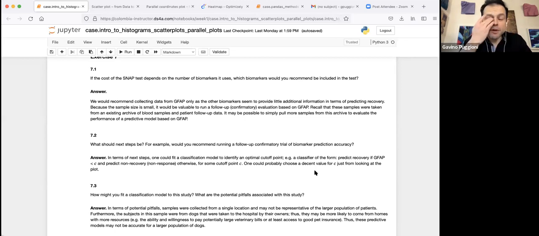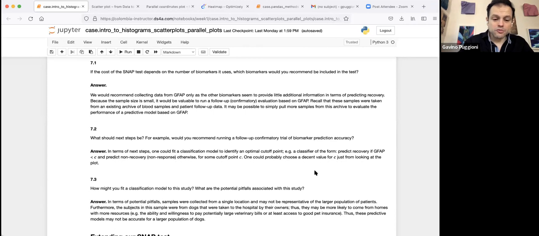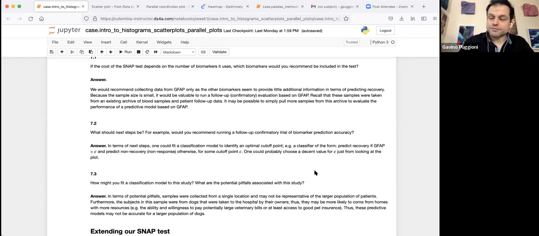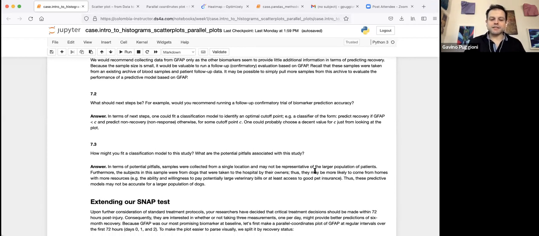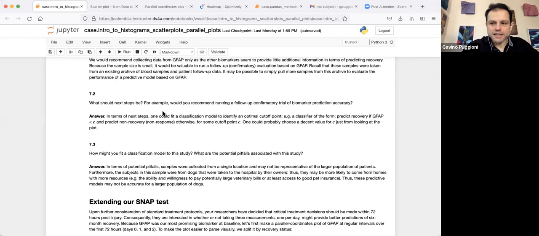So this model, whatever we would end up using for this data, would be very specific to the data set that we are using. And of course we have already determined that there are some differences between males and females. All right, let's see how we can extend our test.